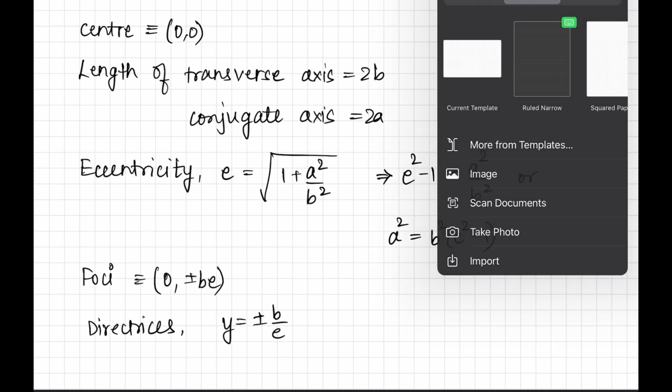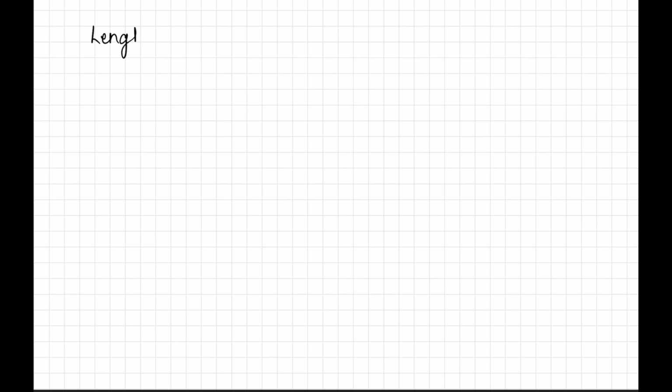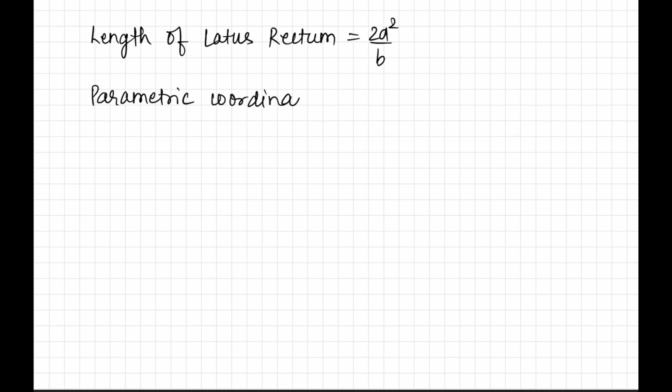Next is the length of latus rectum. The latus rectum is now equal to 2a squared by b, and the parametric coordinates of the conjugate are given by a tan theta, b sec theta.